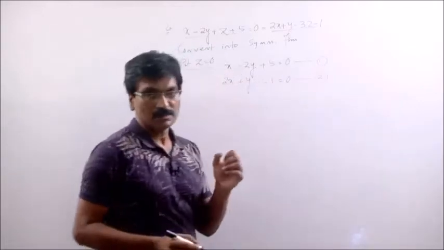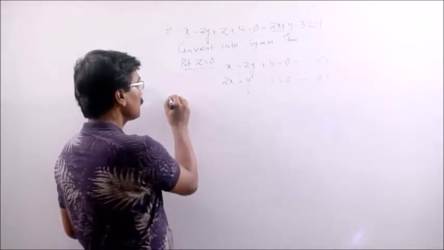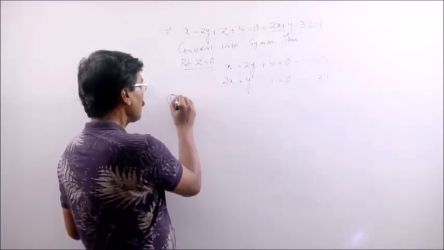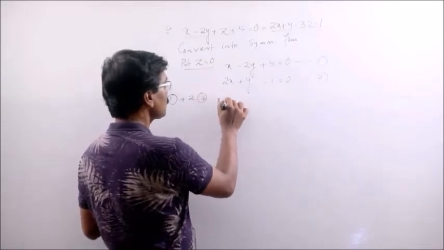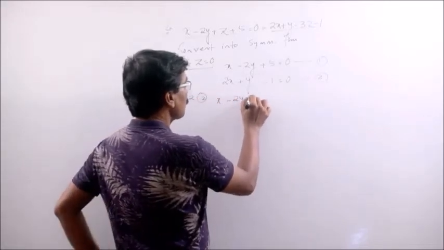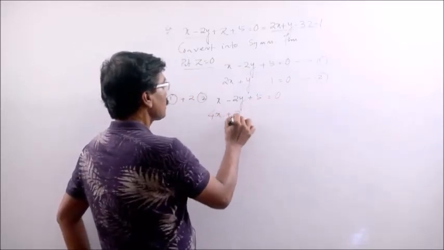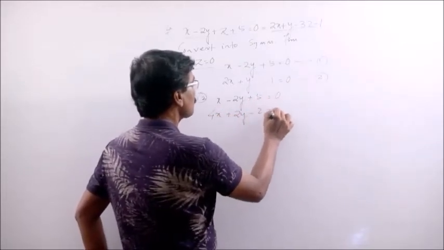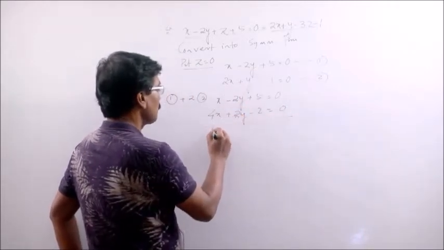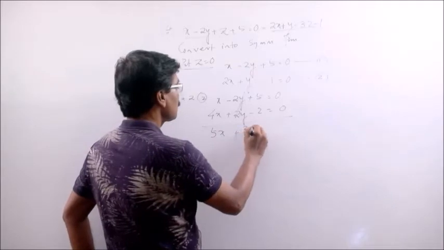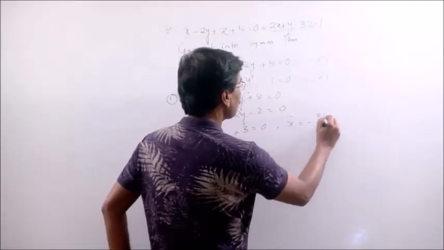Now we have 2 equations and 2 unknowns. We can solve by equation 1 plus 2 times equation 2, that is x minus 2y plus 5 is equal to 0, 4x plus 2y minus 2 is equal to 0. Now if we add these 2 equations, that is 5x plus 3 is equal to 0, that is x is equal to minus 3 by 5.